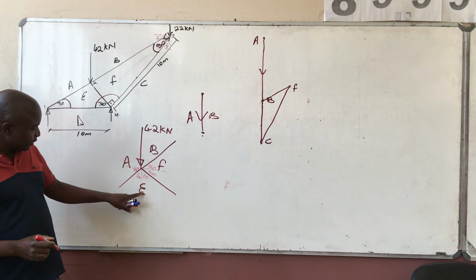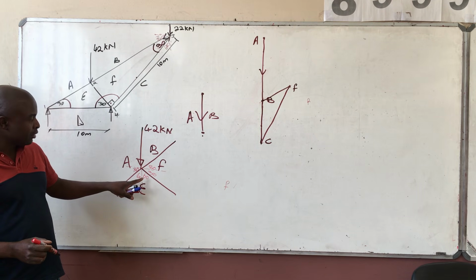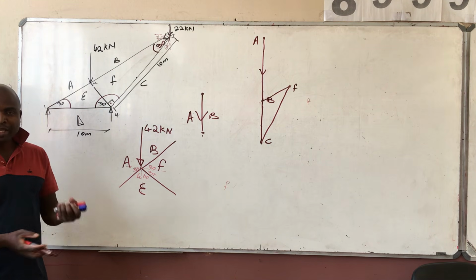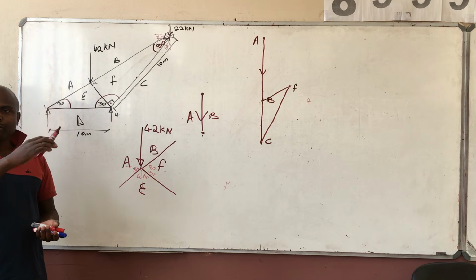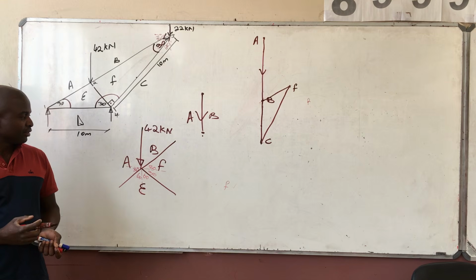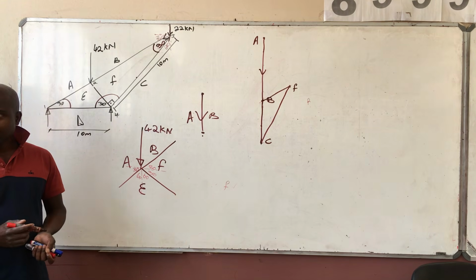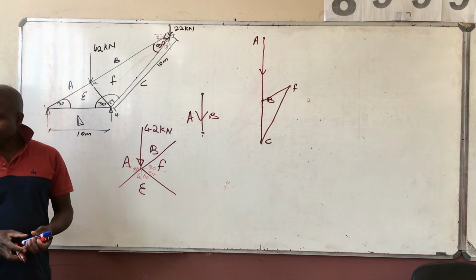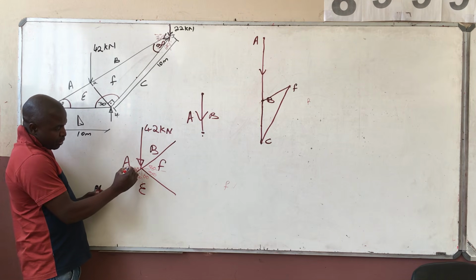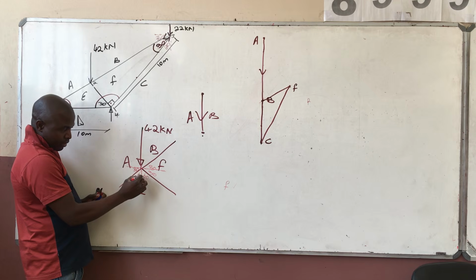So FE is at which angle? 30 or 60, depending on whether you measure from the horizontal line or from the vertical line. Do you get that part? You don't get this one. When you measure the angle, you must always use a Cartesian plane.